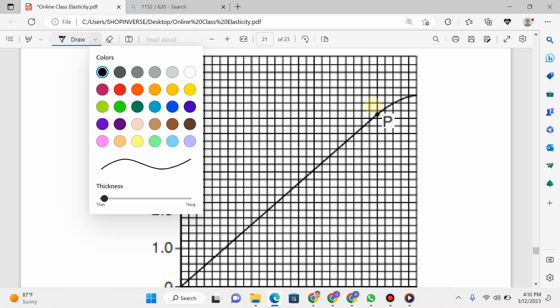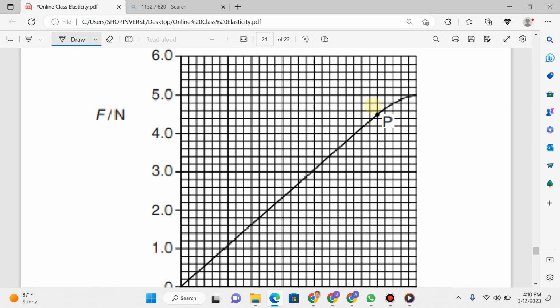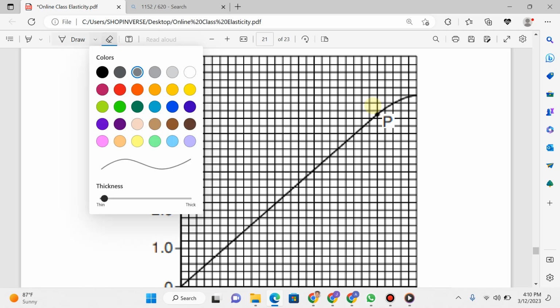I'll be using my pencil. So I'm picking 4.0 Newton. In your exam you use a pencil, but let me use a color that you can easily see on the video.